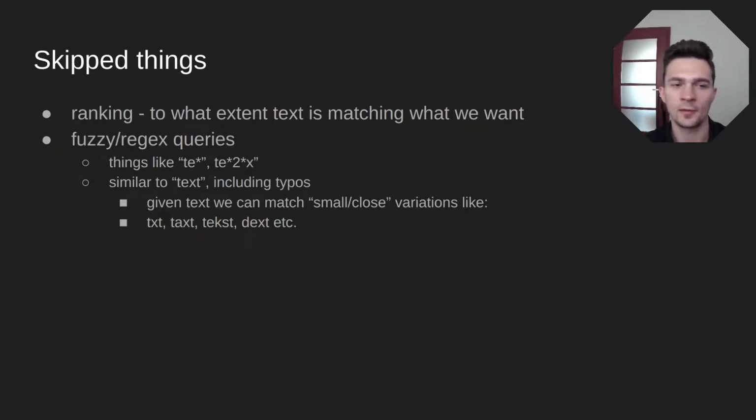Okay, and I also skipped a few things to make this presentation and example simpler. So often we also have ranking, which is the measure of to what extent the text is matching what we want.